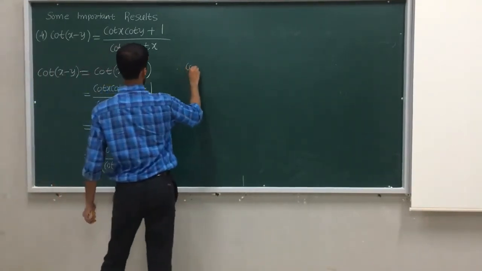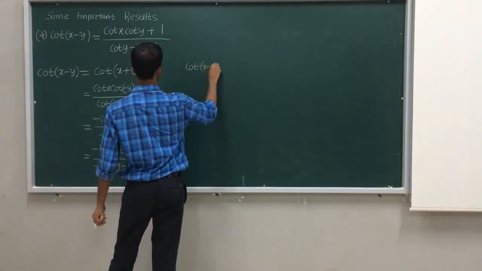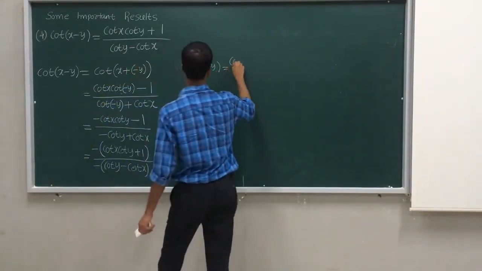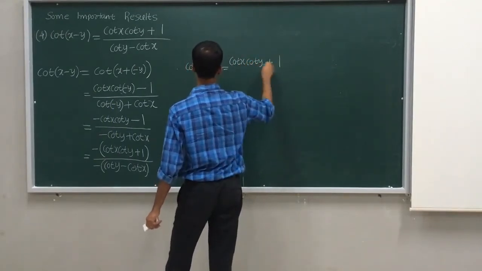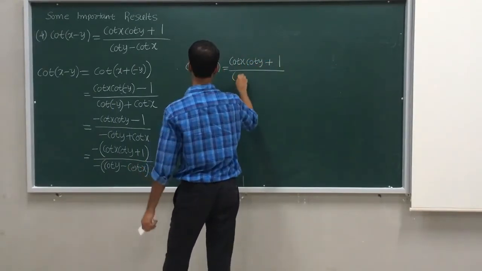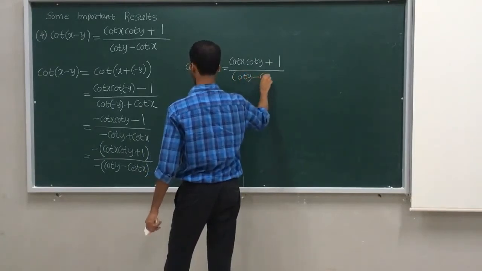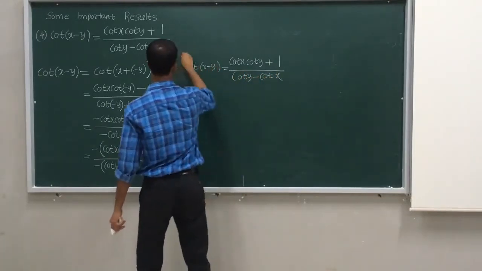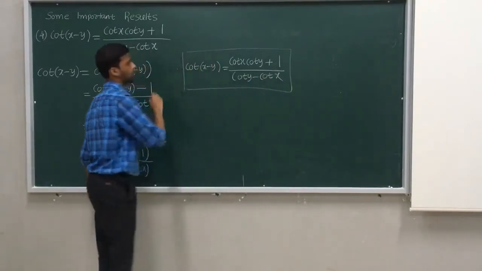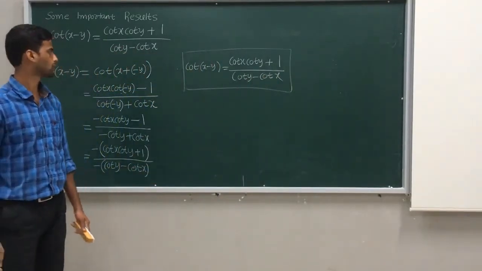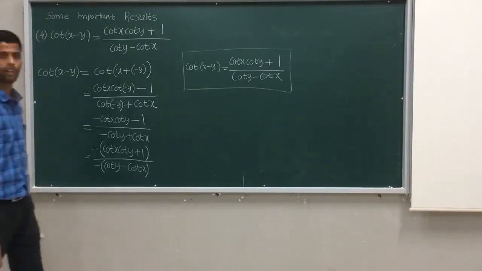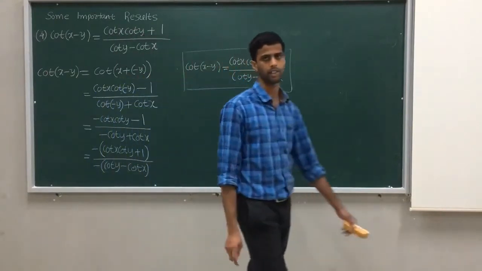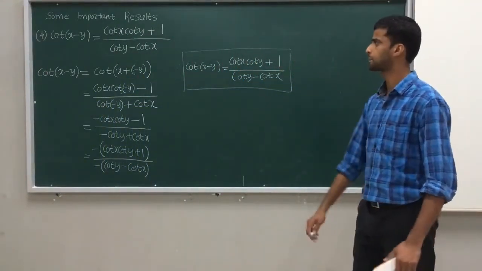So I can write cot of x minus y is equal to cot x cot y plus 1 upon cot y minus cot x. So as per the expectation, I got my next answer also. That's the kind of problem we derived using cot of x plus y.